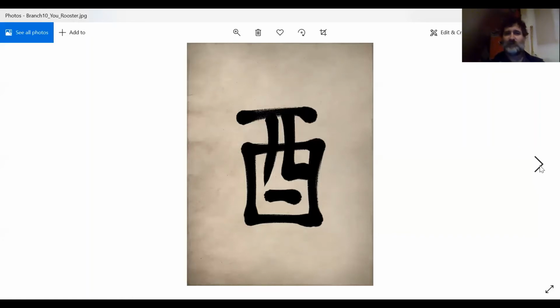So rooster is like an encyclopedia. Rooster can store a lot of information and easily recall it and remind all the other signs, this is what we all agreed on, pulling information from different sources.